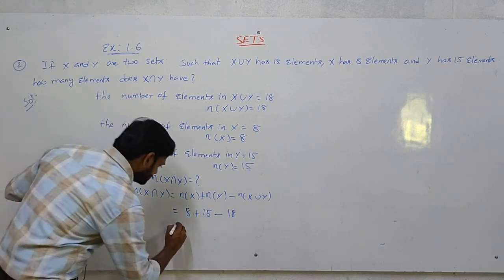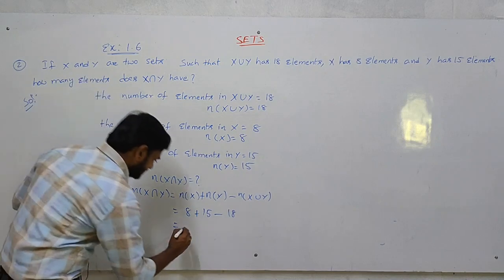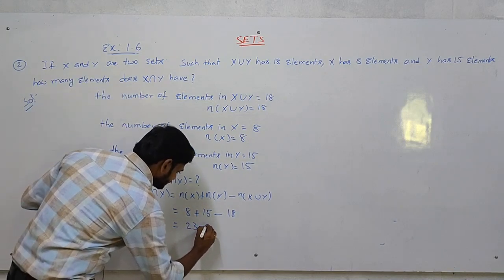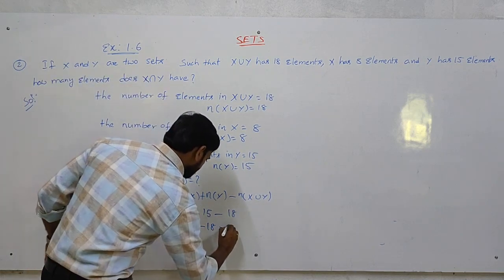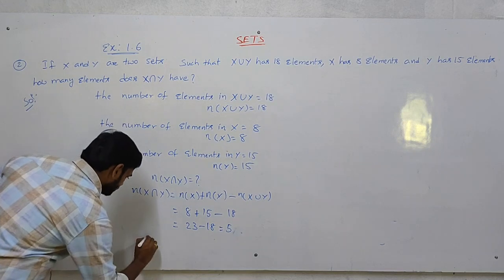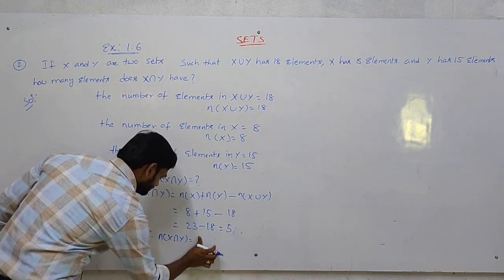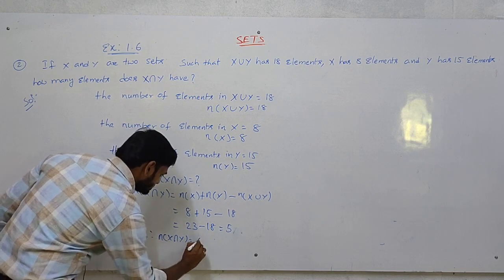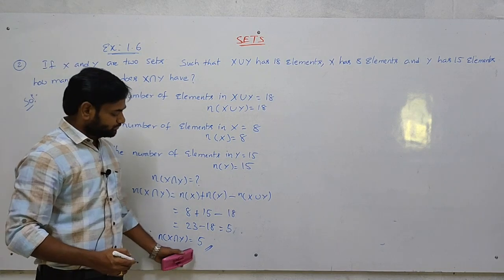So 8 plus 15, that is 23. 23 minus 18, that is 5. Therefore n of x intersection y equal to 5. That means the number of elements in x intersection y are 5.